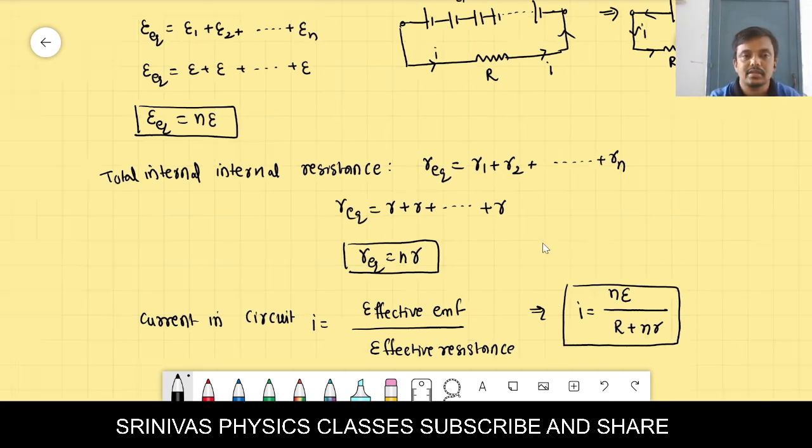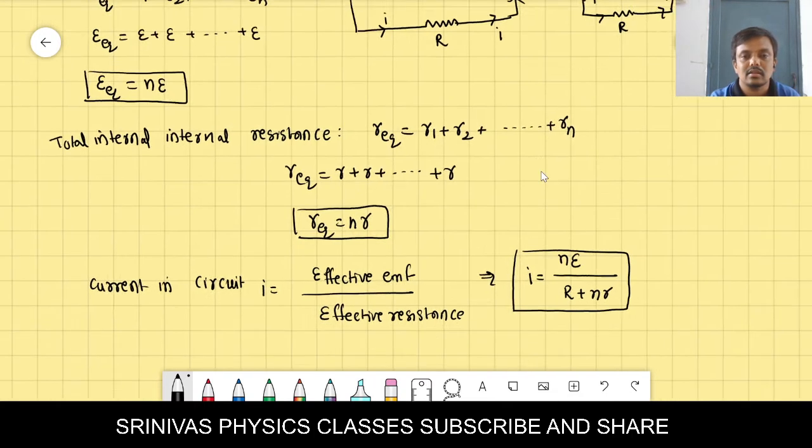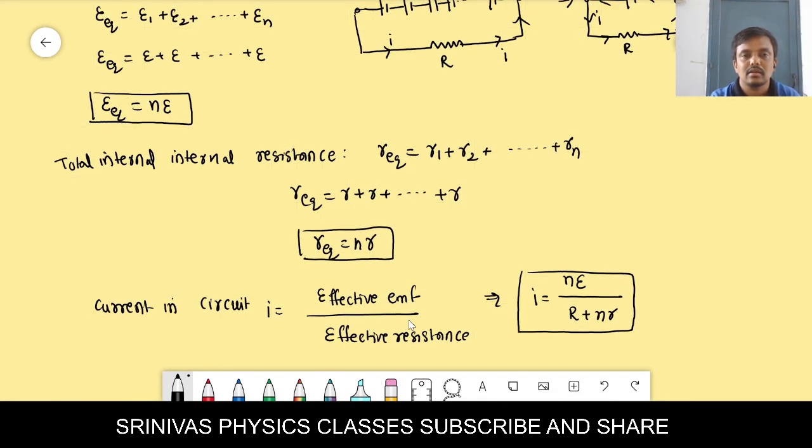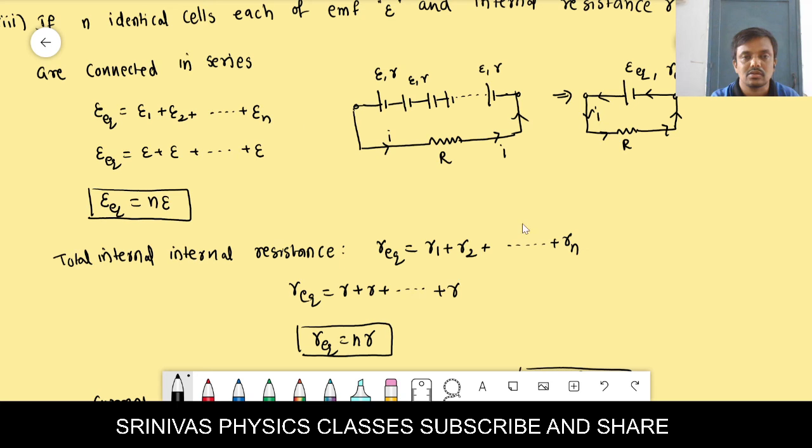This is the total EMF. What is the total resistance in the circuit? All the cells combined have resistance NR. R plus R plus R plus so on, NR, plus the load resistance also, which we are connecting now.